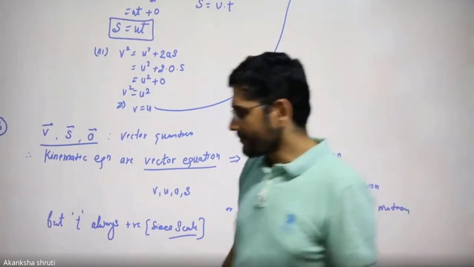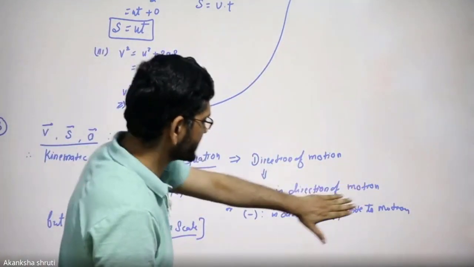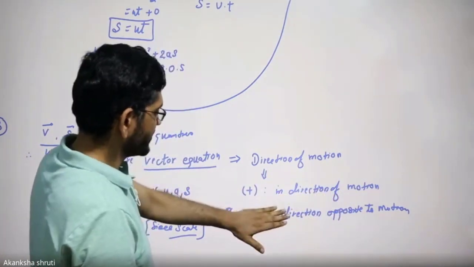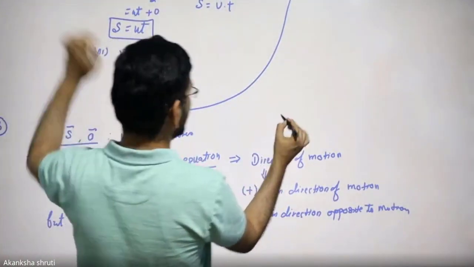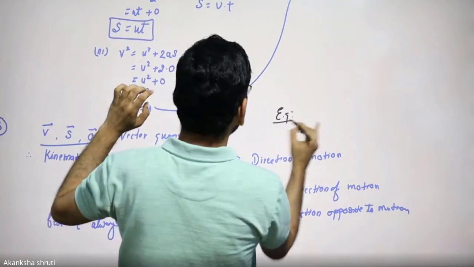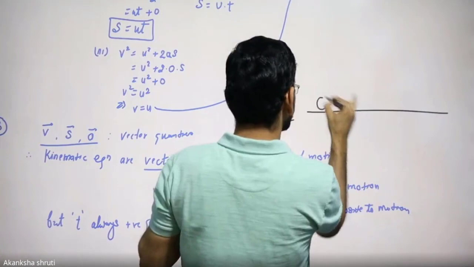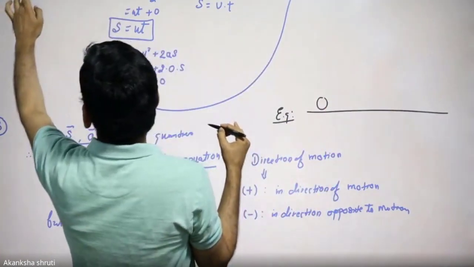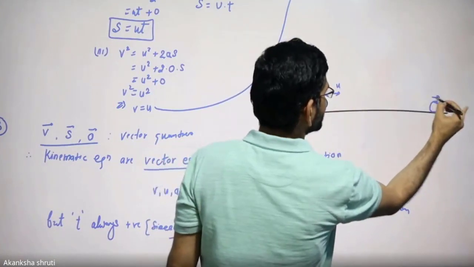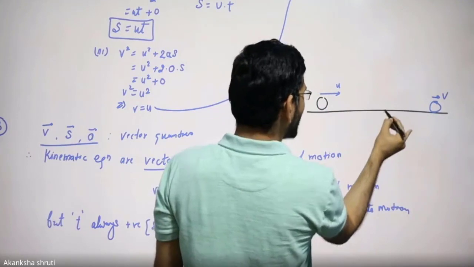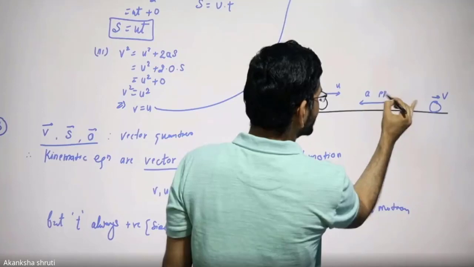So these directions are very important. The reference direction in which motion is occurring is taken positive. The quantity in the opposite direction will be negative. Let me explain with one example here. Students, say this is the road in which the body is moving. The body has speed u, finally the speed reaches v, but acceleration is in the opposite direction.